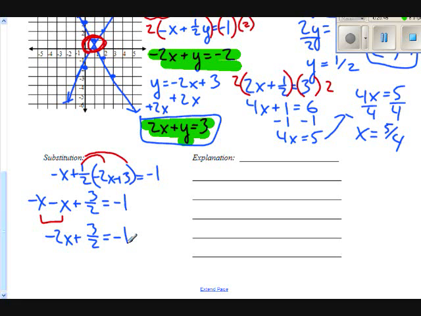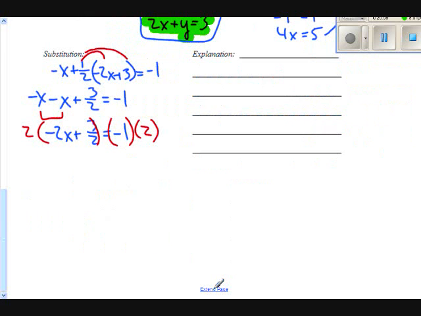And now from here, I could subtract the 3/2 from each side, but if you're concerned with these fractions, let's get rid of them. Don't deal with fractions. If you're worried about making a mistake, multiply each side by 2. So when I multiply each side by 2, that's going to be giving me a negative 4x plus 3 equals a negative 2. And now see how much simpler this is by getting rid of the fractions? All right, that one little extra step makes life a lot easier and gives us a lot more confidence.